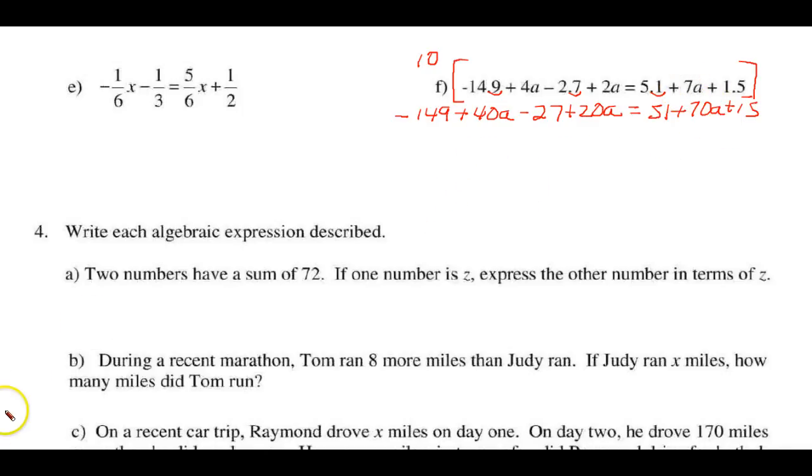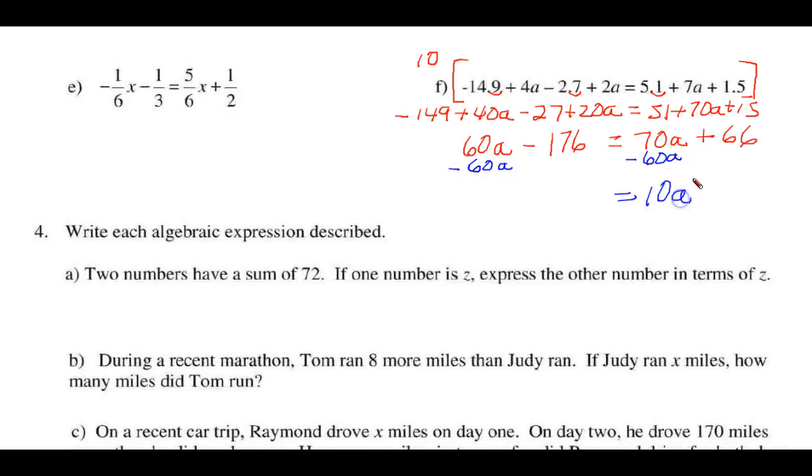Now we collect like terms. So now we have 60a in this and 70a. Want to keep our a's positive. So we're going to subtract 60a here, 60a there. So this is going to become 10a.